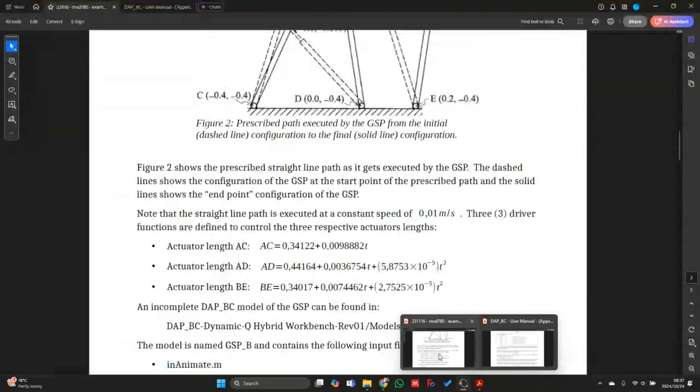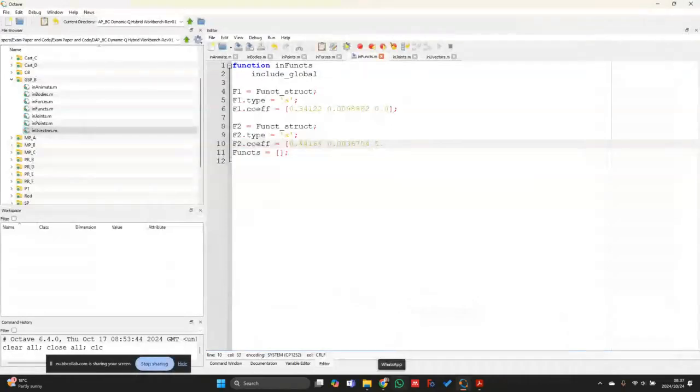And then lastly, we have 5.8753 times 10 to the power of minus 5.